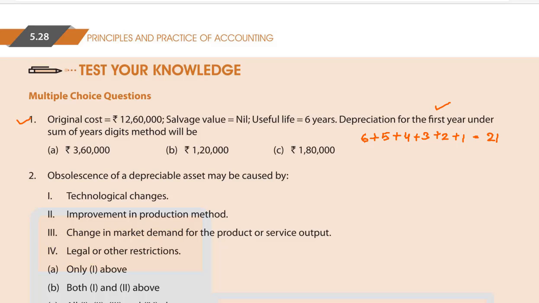We need to calculate for the first year. So 6 by 21 multiplied by 12,60,000. Do it on your calculators.